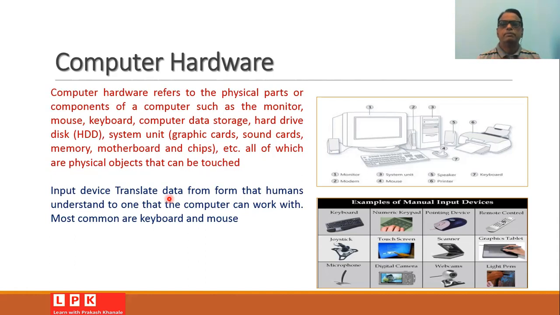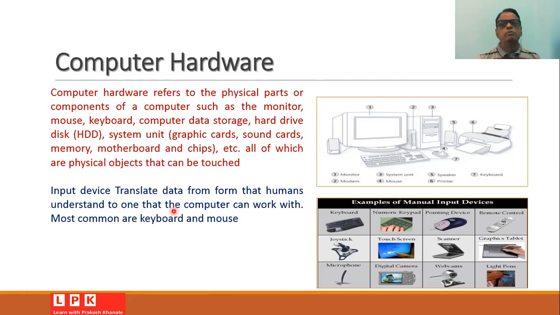So whenever we feed data using natural language, that data needs to be converted into an appropriate form, and through some device we do it. Such devices are called input devices, which translate the data from forms that humans understand to one that the computer can work with.